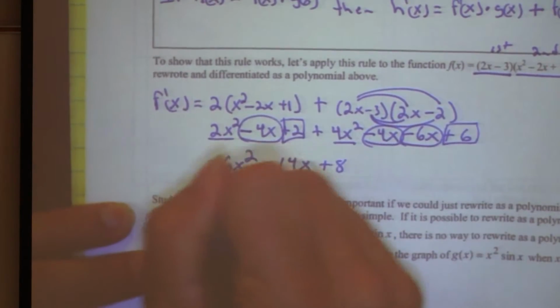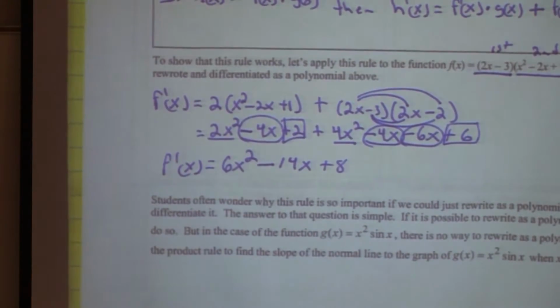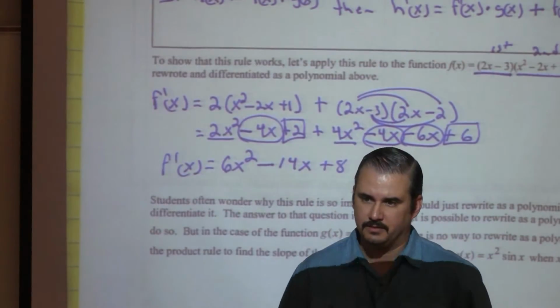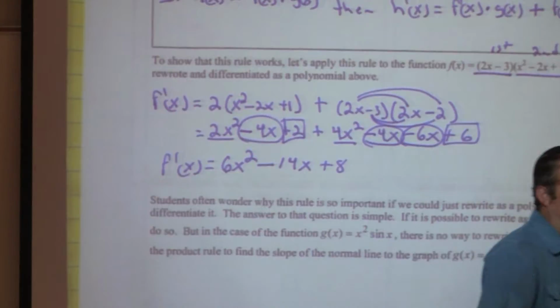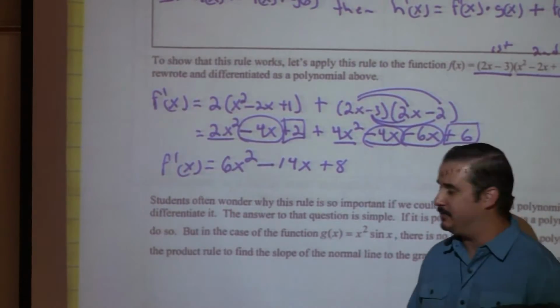Let's see. Did we get the same answer for the derivative as we did up there? Yes. Which one did you feel was easier? The second. You felt the first one was easier? Yeah. Okay. That's my recommendation, okay? If you're able to multiply something out and expand it and then get the derivative of it like that, that's my recommendation.